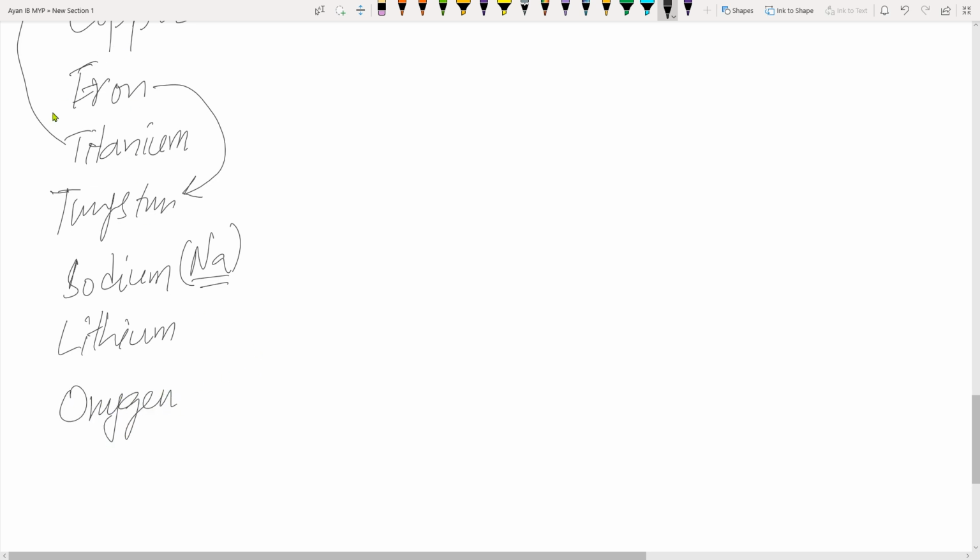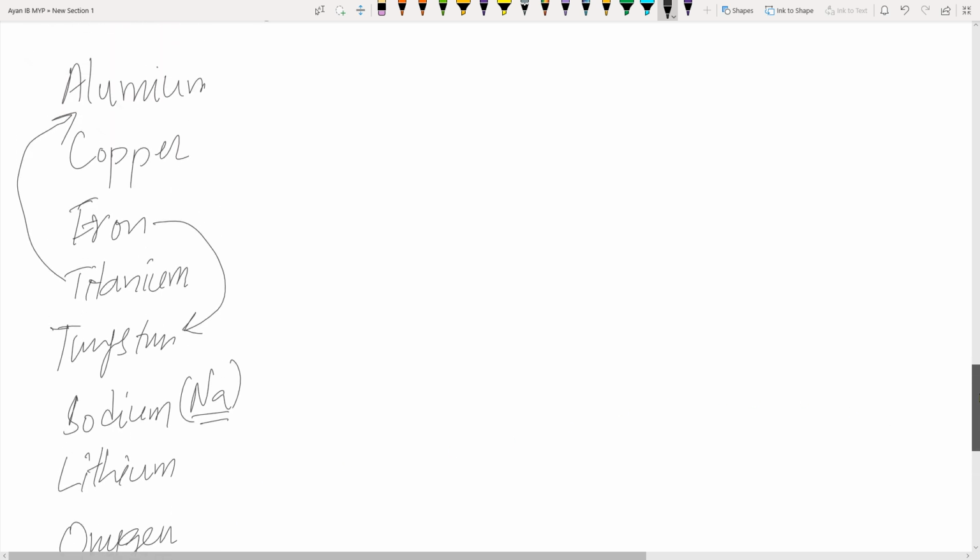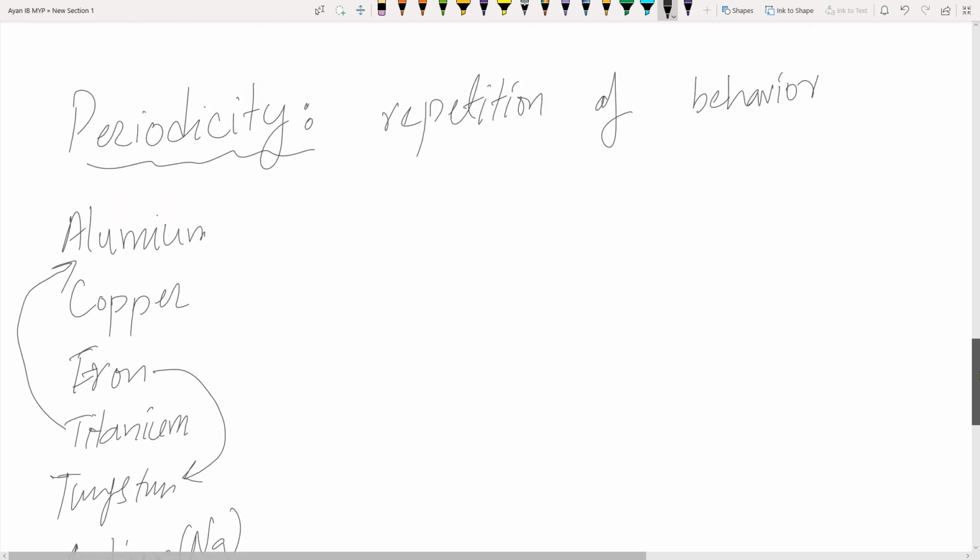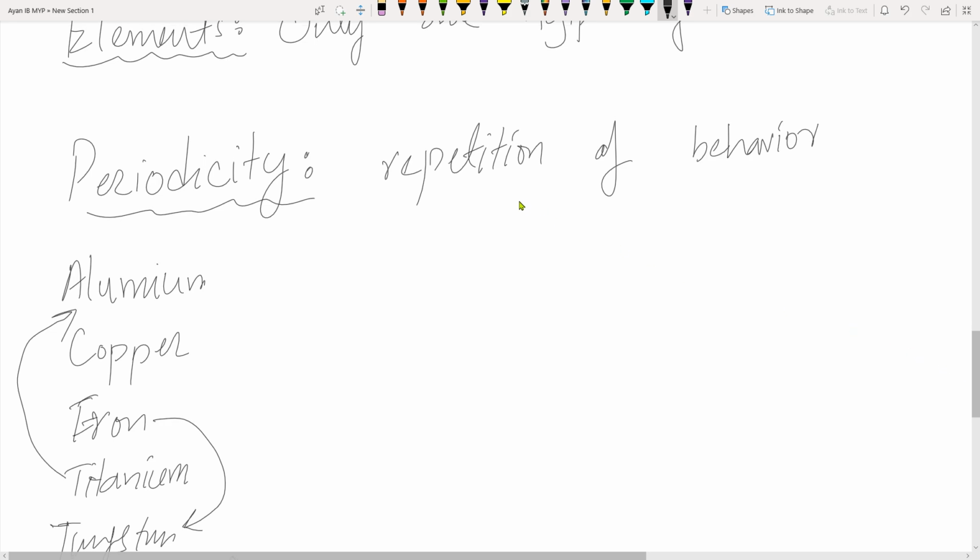Unlike the metals, which are lattices, this exists as molecules. Then other gases like chlorine and nitrogen. Their behaviors were all different from one another, so we wanted to create an arrangement that would help us understand them more easily and relate them to each other. For that we created the periodic table, the general shape that you see of the periodic table.